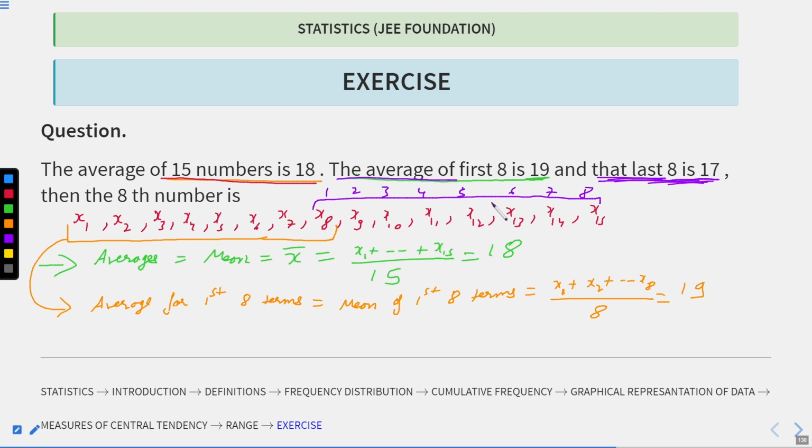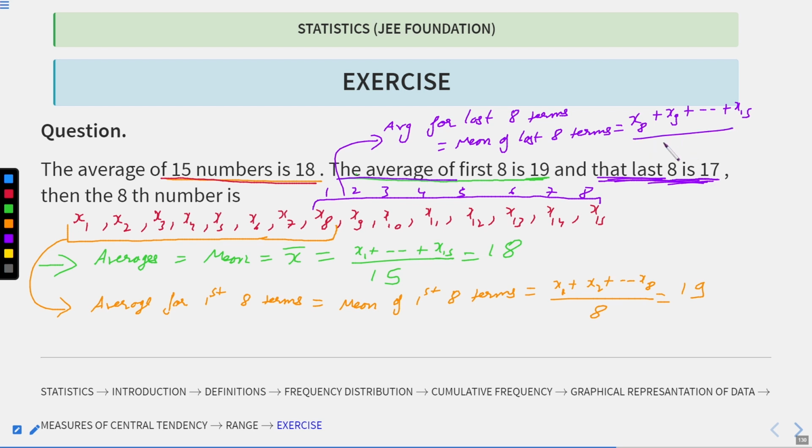So the average for the last 8 terms is equal to the mean of the last 8 terms, which is x8 plus x9 till x15 divided by 8 terms, and that is given to me as 17.